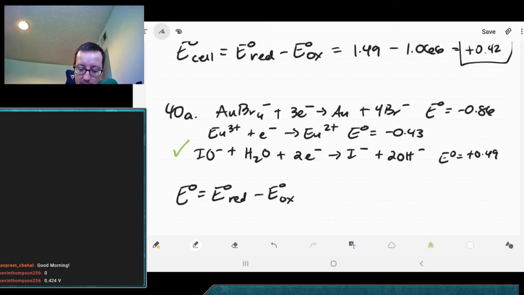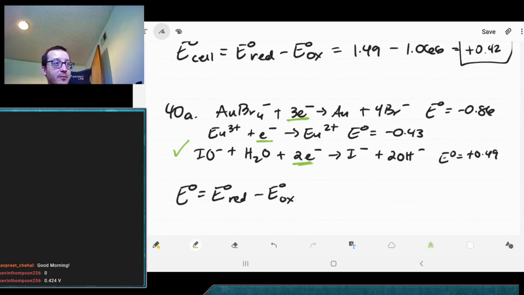So notice though that this is a 2 electron process, whereas the top reaction is 3 and the bottom reaction there is 1 electron. So if we want to put these together, we have two ways. We can combine the hypoiodite reduction with the europium one or with the gold one.